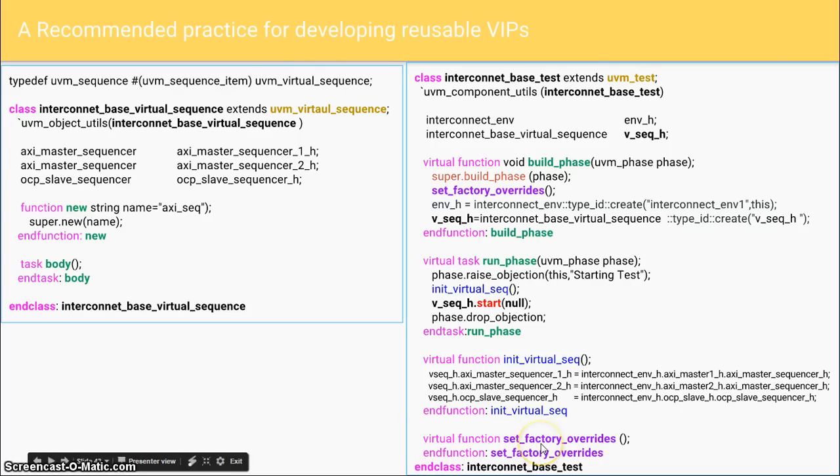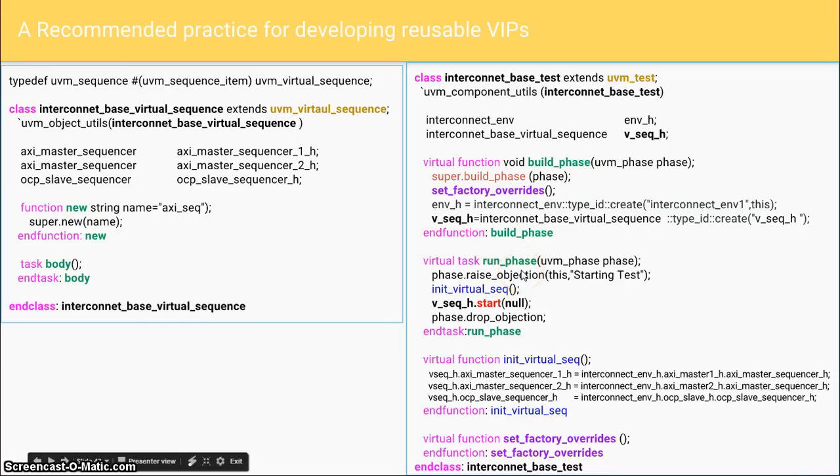You can give any name, but this is the recommended name, set factory override. You should always keep this base factory override function as an empty function. So in the build phase function, before creating the environment and the virtual sequence, you will be calling the set factory override function, which is an empty virtual function in the base test.